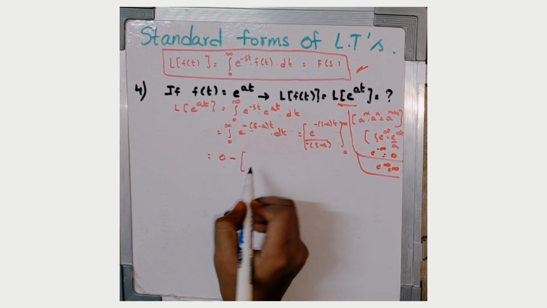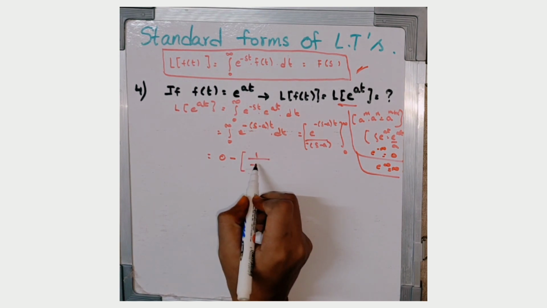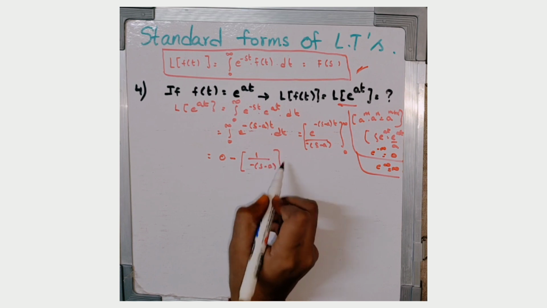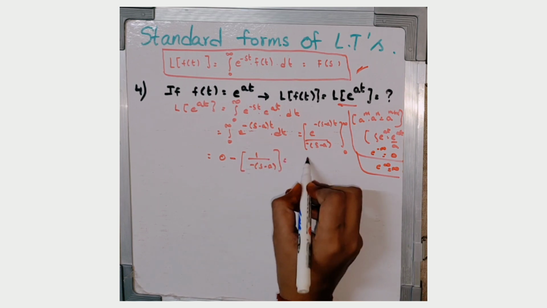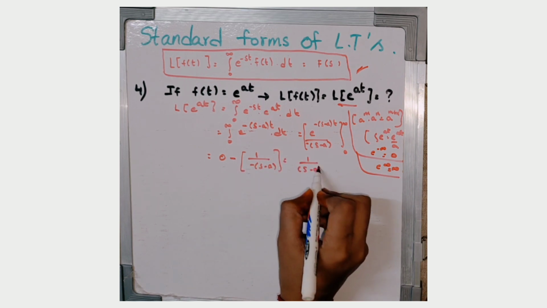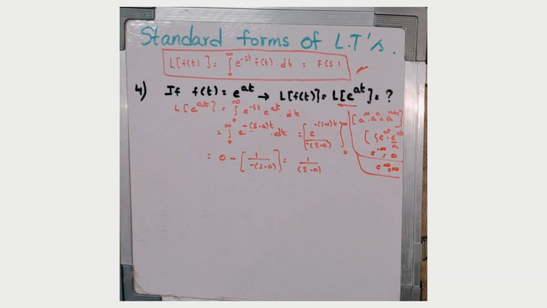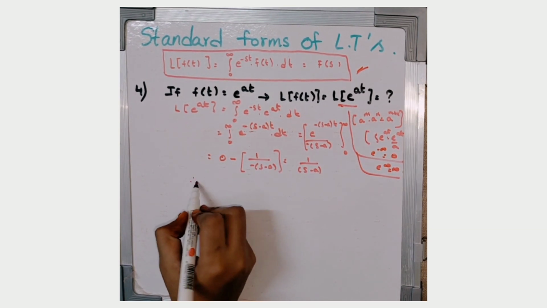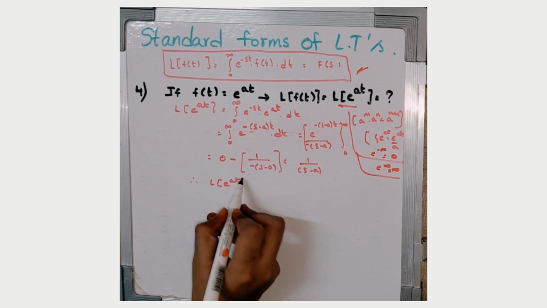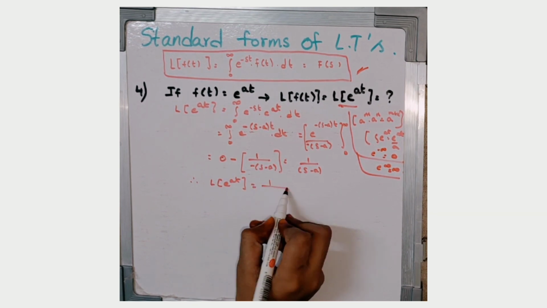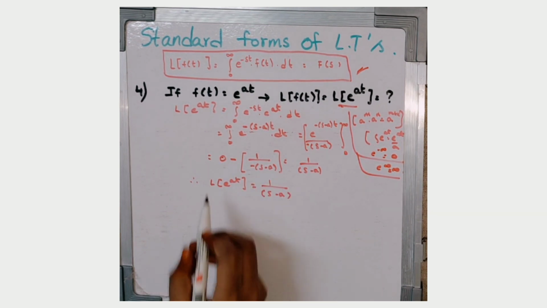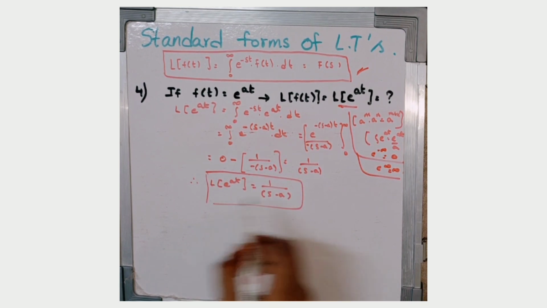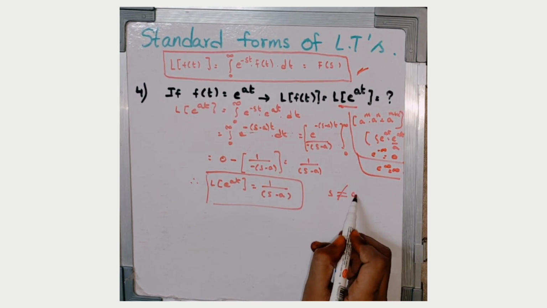So we get 1 by minus of s minus a, which you can write as 1 by s minus a. Therefore, the Laplace transform of e power at is 1 by s minus a, where s is not equal to a.